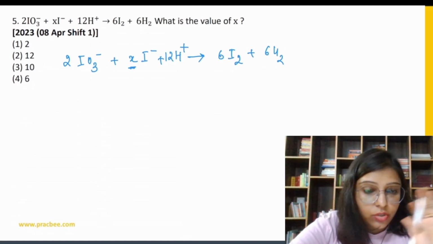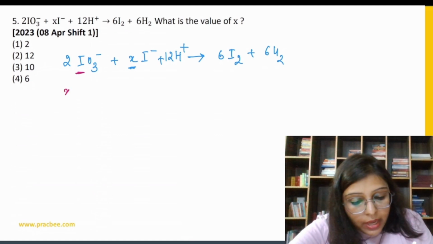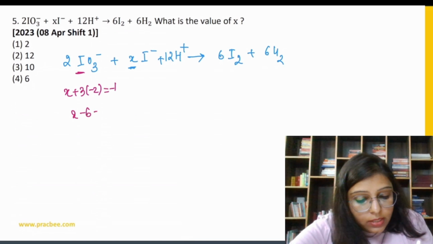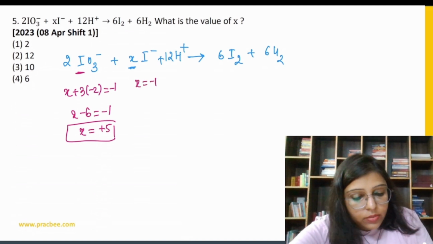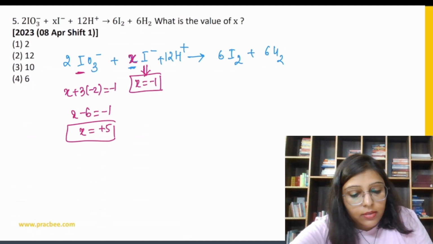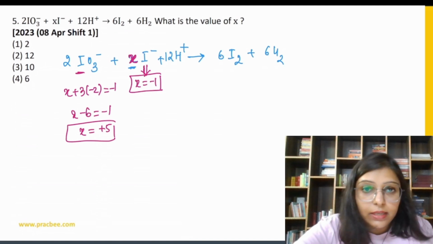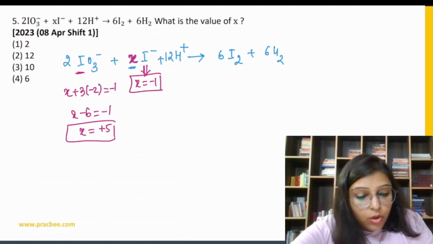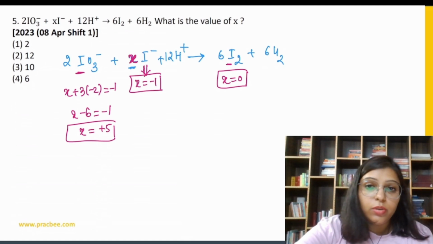Let's find the oxidation number first. So this is going to be x plus 3 times minus 2 is equal to minus 1. So x minus 6 is equal to minus 1 and x is equal to plus 5. And in I minus the oxidation number is minus 1, and in I2 the oxidation number is equal to 0.